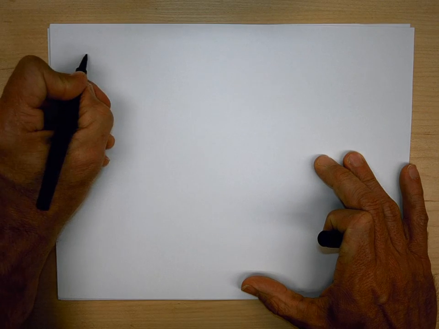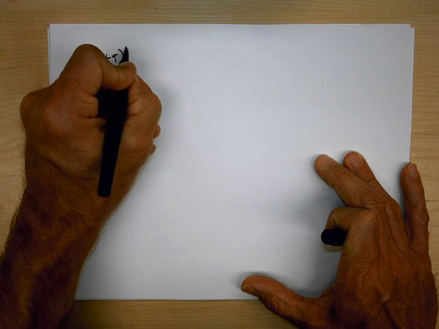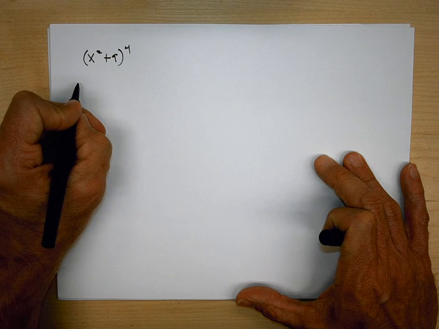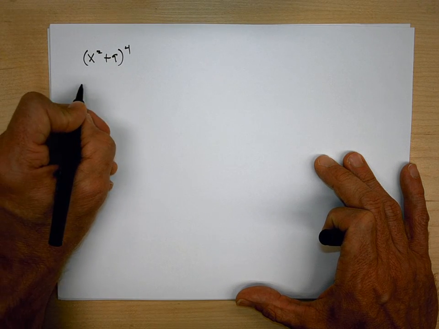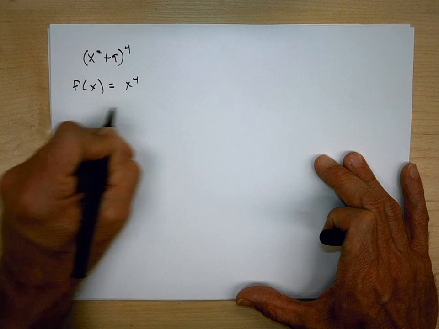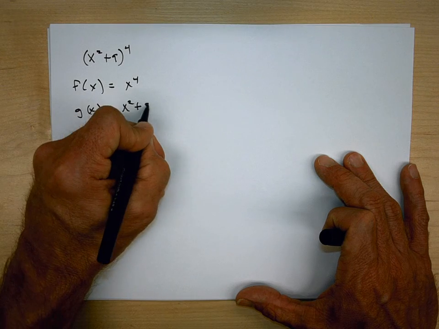All right, so we had something like x squared plus 9 to the 4th. Let's say f of x is x to the 4th, g of x is x squared plus 9.